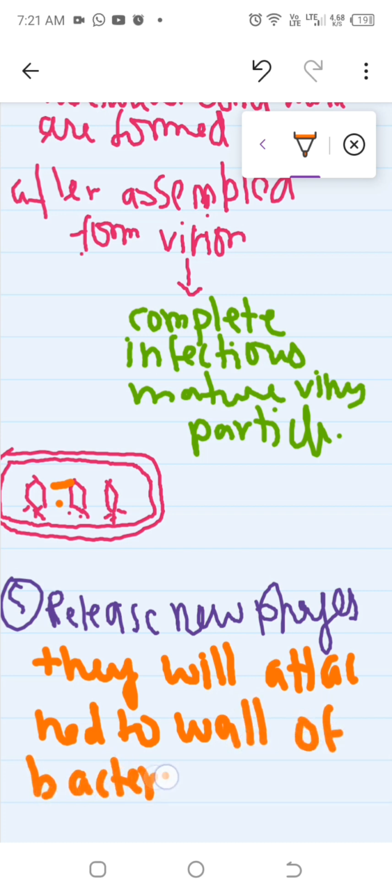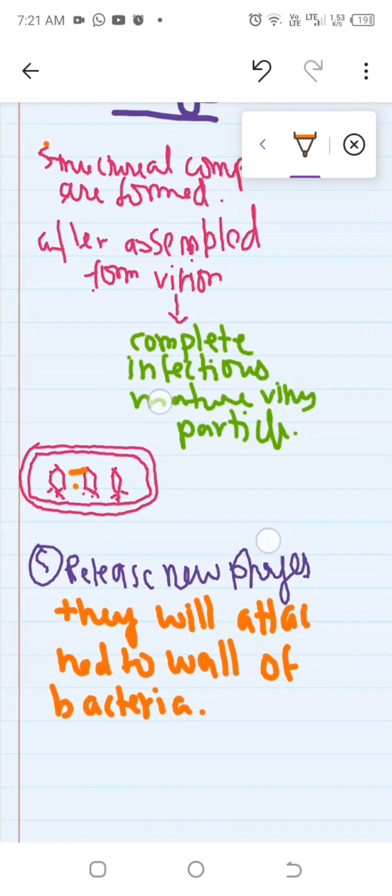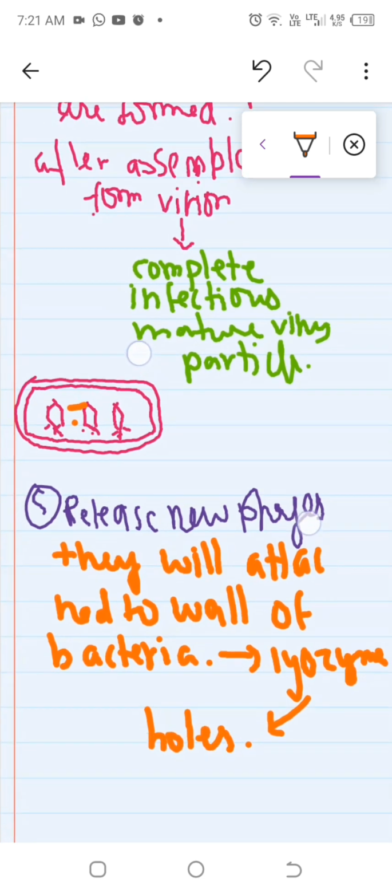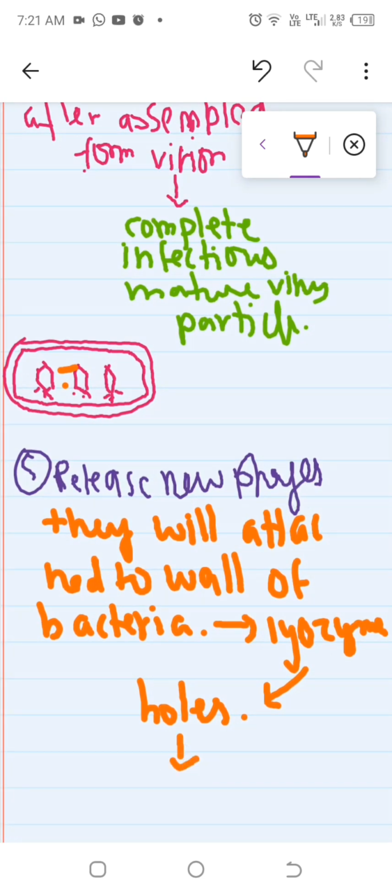When they attach, that means their tail fibers will be attached to the bacteria surface, and they will release an enzyme which is lysozyme. And what was the work of lysozyme? Lysozyme basically makes holes in the cells. When the holes are present in the cells, the new phages will be released.